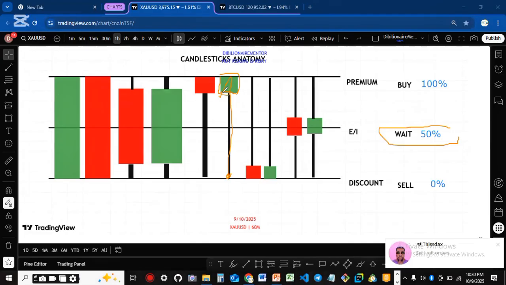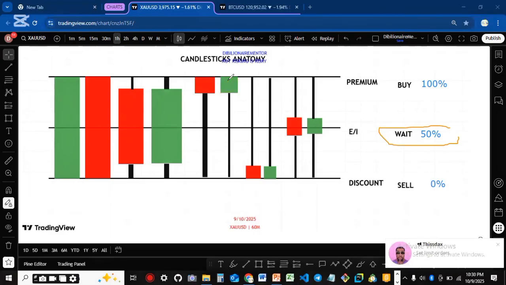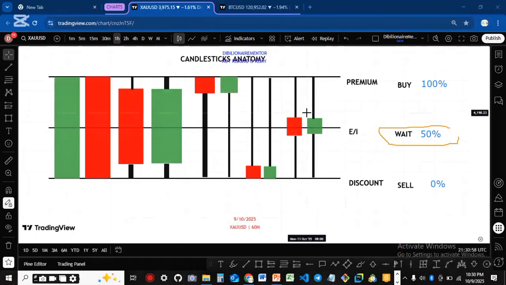So price opened here, the sellers came to push the price down to this side, then buyers immediately pushed the price up, forming a rejection candle. Do you understand? The candle closed above our waiting zone, so it simply means an indication of buying pressure.